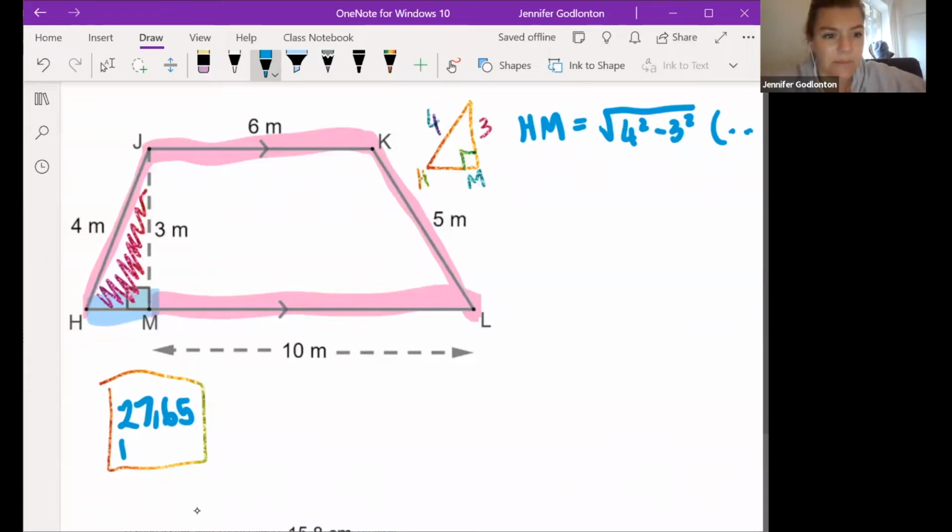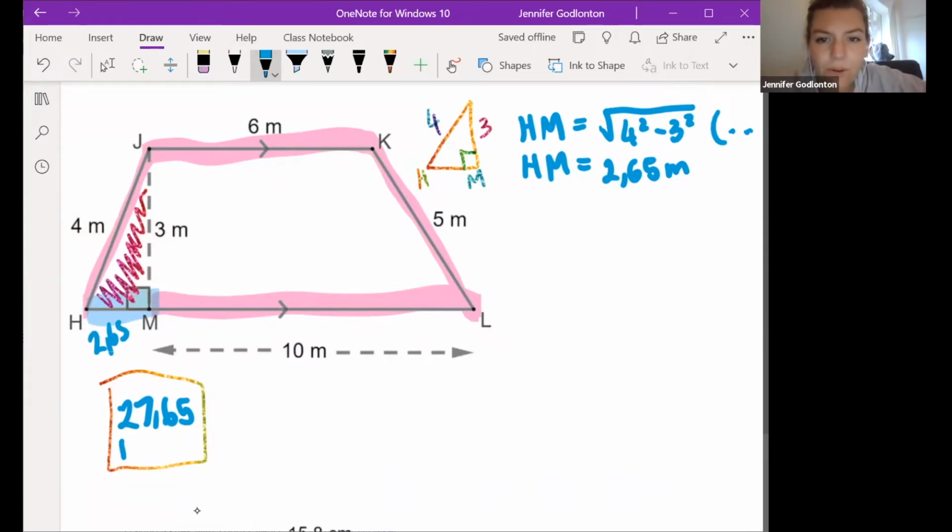I'm just not writing it because I don't have space. So that means that HM is equal to 2,65 meters.